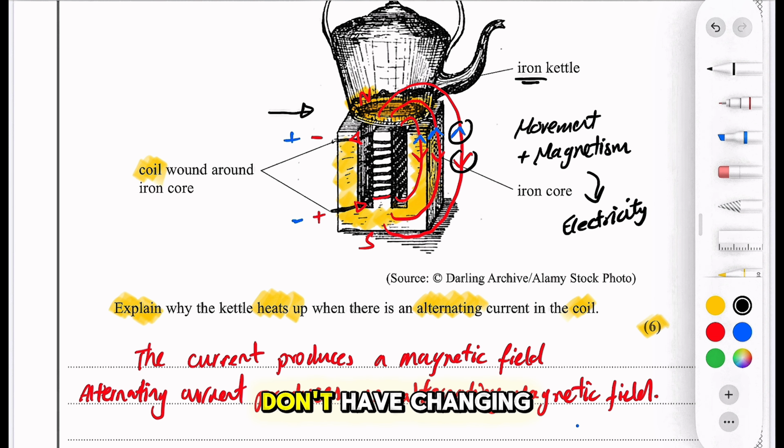But here I don't have movement of the coil, for example, to induce electromotive force. But the point is, if you keep fluctuating or changing the direction of the magnetic field, for example N to S according to these arrows, the alternating magnetic field interacts with the free electrons in the lower part of the iron kettle.